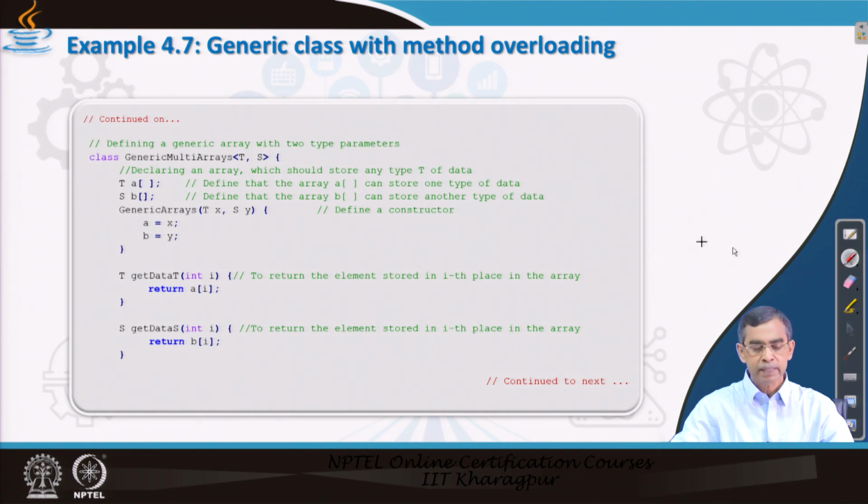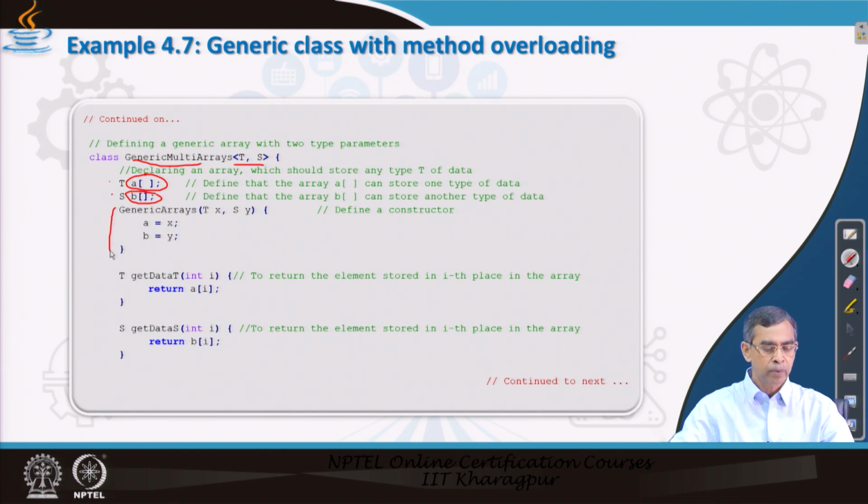So, this basically defines a generic class with two template types T and S. Here we have defined that T can store an array of objects. B also is an array of objects of type S. A is an array of objects of type T, B is an array of objects of type S.